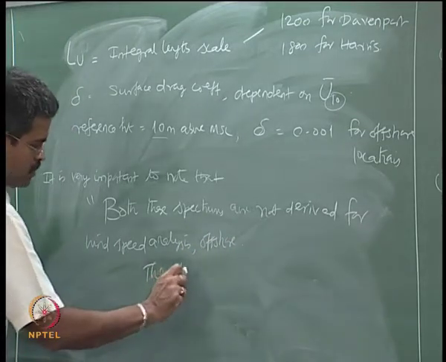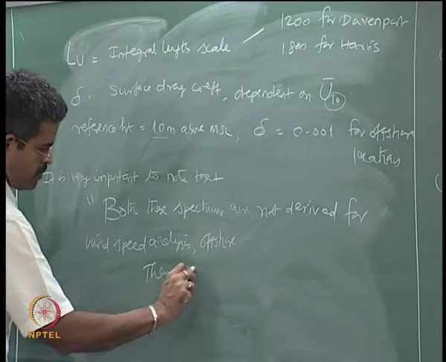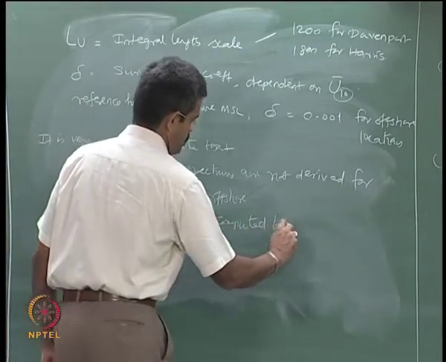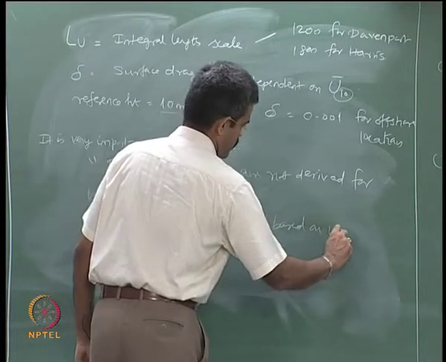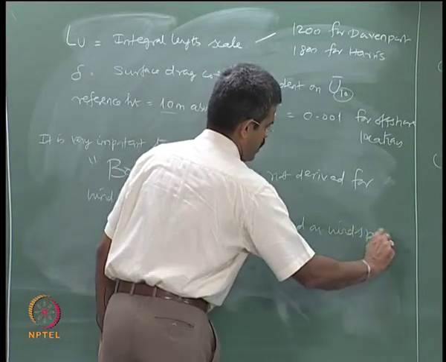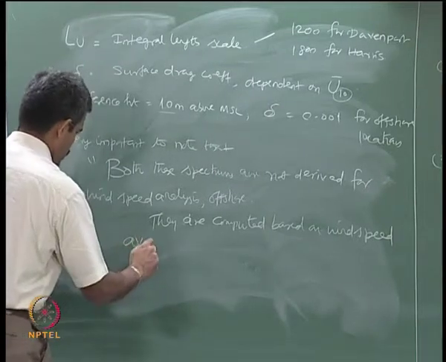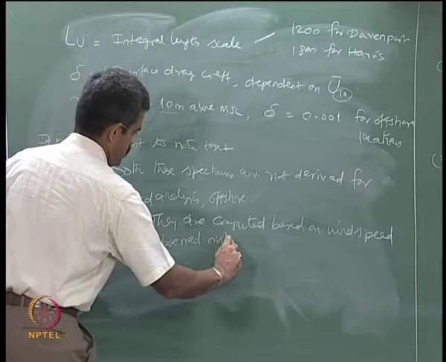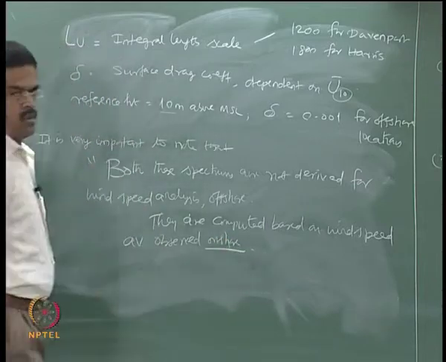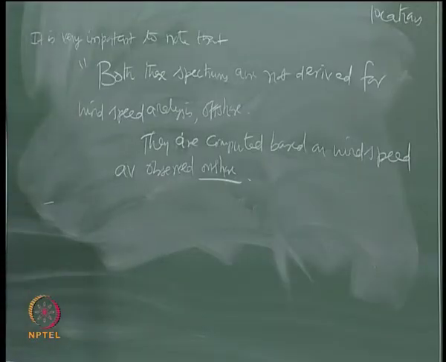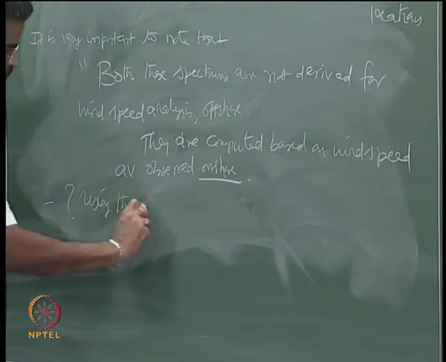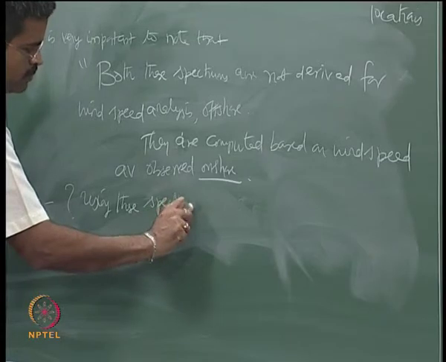They are computed based on average wind speed observed onshore. So there has been a very serious problem of using the spectrum for offshore.